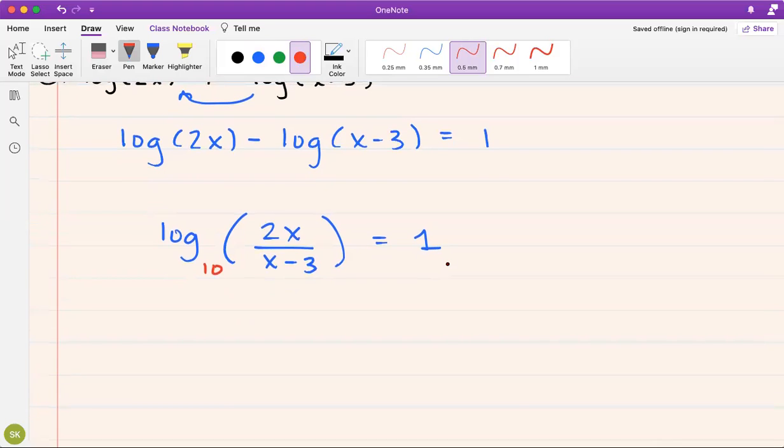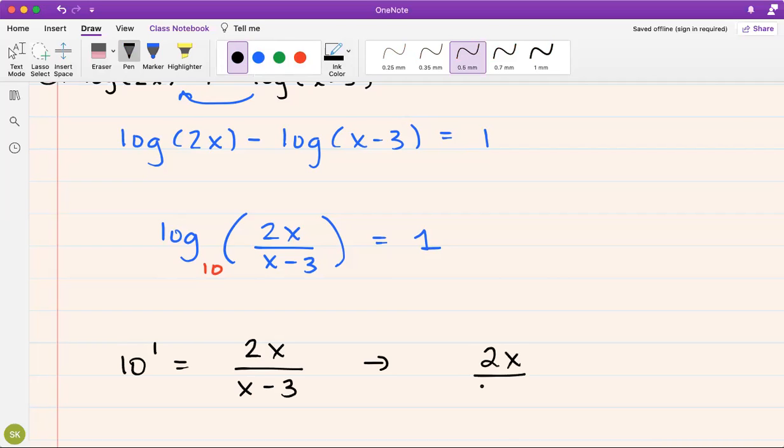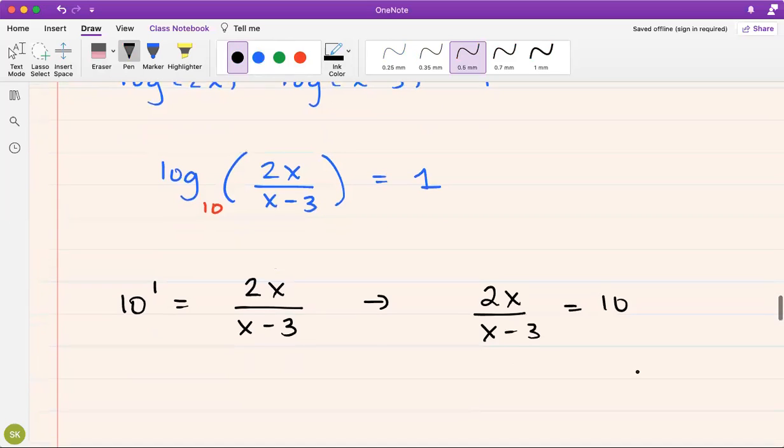Okay, now that we have gotten to this point, now we switch to the exponential form. So this is the same thing as 10 to the first power is equal to 2x over x minus 3. So in other words, 2x over x minus 3 is equal to 10. Okay, now I want to solve this rational equation.